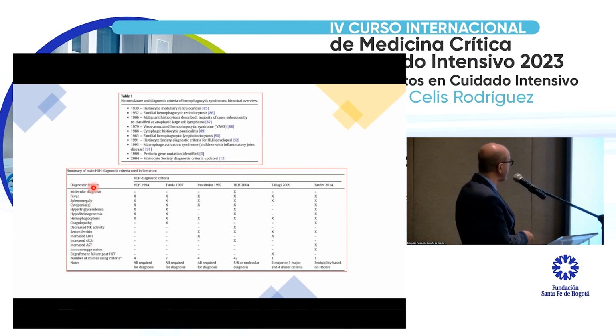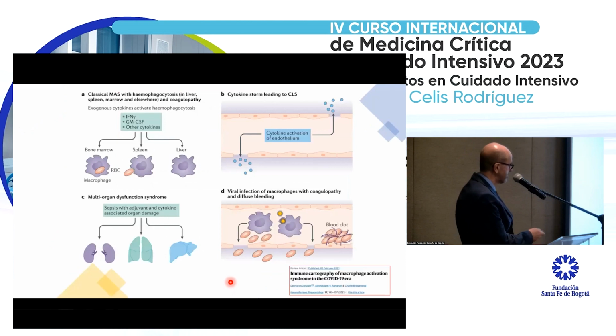But otherwise, when you look at the clinical syndrome, you look for fever, splenomegaly, cytopenias, meaning anemia, thrombocytopenia, neutropenia, high triglycerides, low fibrinogen, hemophagocytosis that you can look at in peripheral blood and look for the cells devouring each other, high serum ferritin, abnormal liver function tests, etc. You can see that the number of publications using the 2004 diagnosis is much higher than the rest.